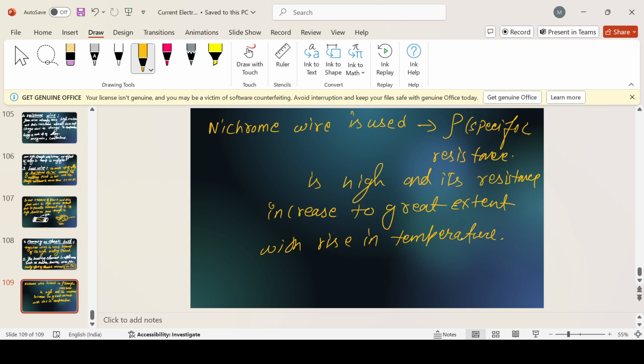Now when the temperature increases, its resistance and specific resistance also increase accordingly. So it will block more current, and more blockage means more heat it will produce. Okay, getting my point?